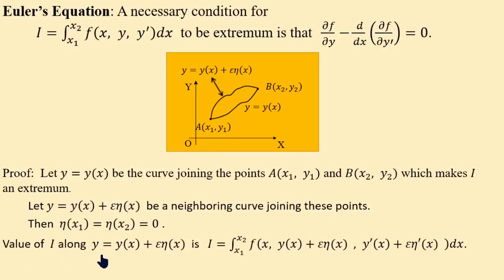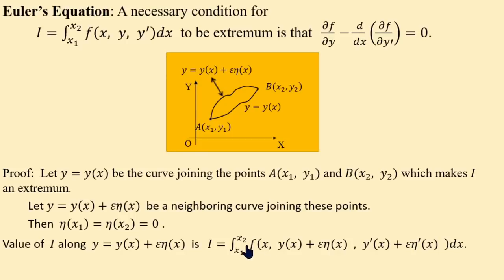The value of I along y equal to y of x plus epsilon eta x is I equal to integral x1 to x2 f of x, y of x plus epsilon eta x, y dash of x plus epsilon eta dash x dx.